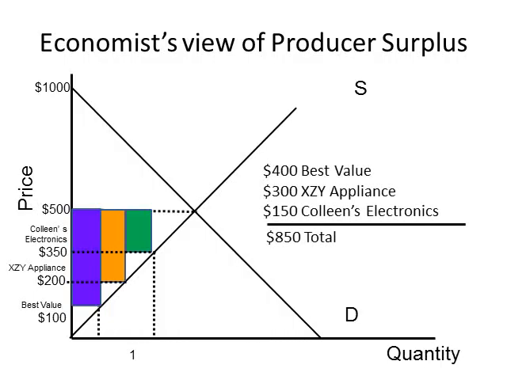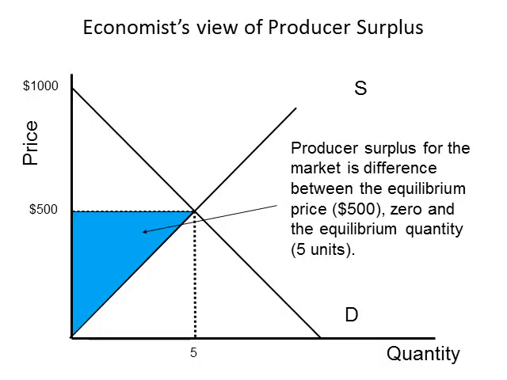The total surplus of the producers is found by adding the producer surpluses of all the firms together. Economists see the entire area bounded by the equilibrium price, 0, and the equilibrium quantity as being the producer's surplus.